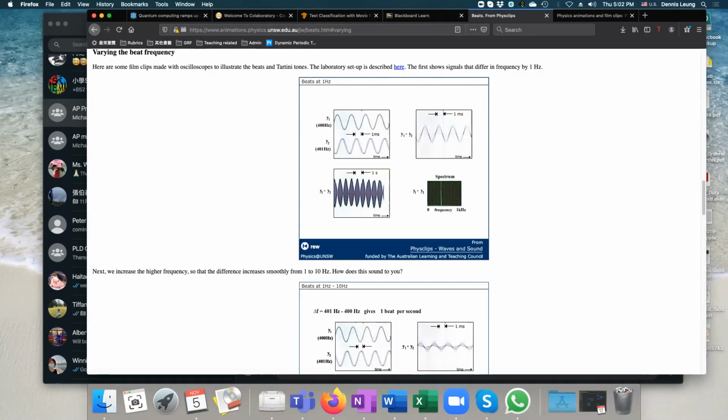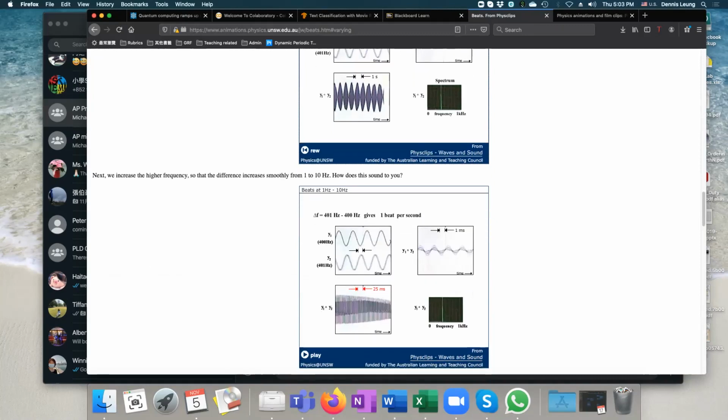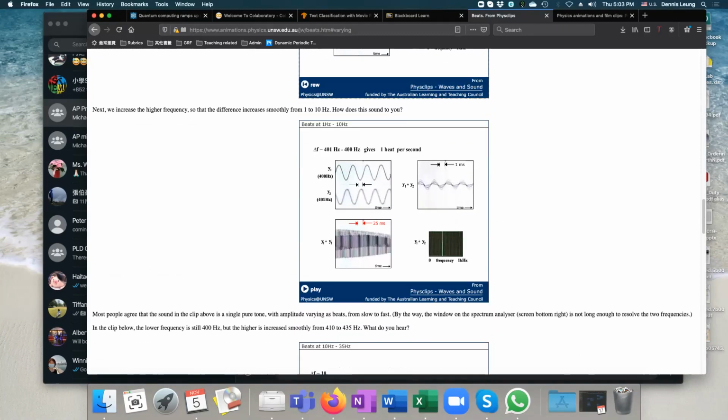And the frequency should be around 1 Hertz, meaning that the loudness goes up and down every single second. If the frequency between the two sounds are varying, what you could hear is changing frequencies for the loudness variation. So this would be something we call the beats.